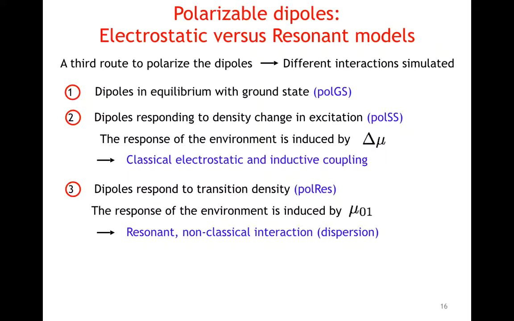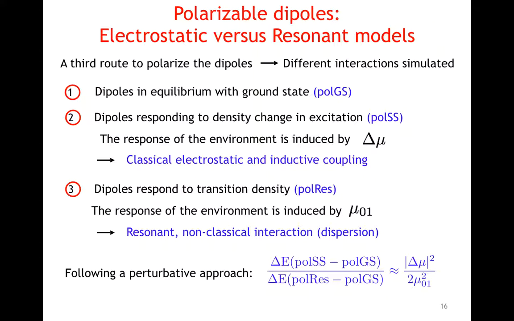So, following some derivations shown in reference papers and following the interpretation of several authors, we can say that this kind of interaction, these resonant interactions, are non-classical and sometimes are considered as dispersion terms in the coupling of the chromophore with its environment.